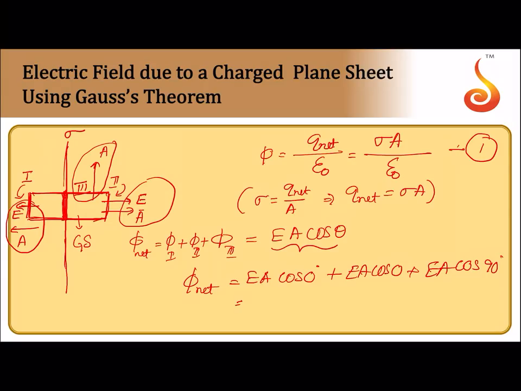So what do I have? E A cos 0 is 1, E A cos 0 is 1, E A cos 90 is 0. So I have 2EA. That's my equation number 2. Good. So now I have net flux is equal to 2E into A.